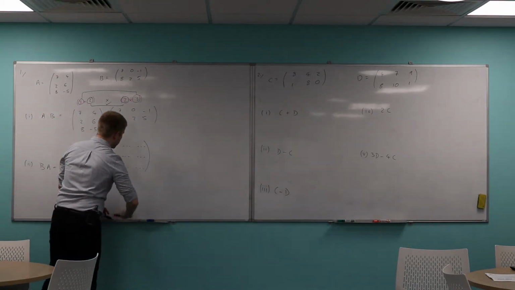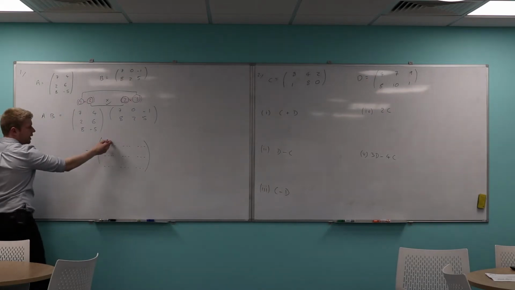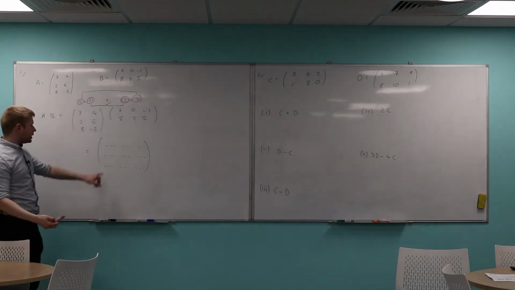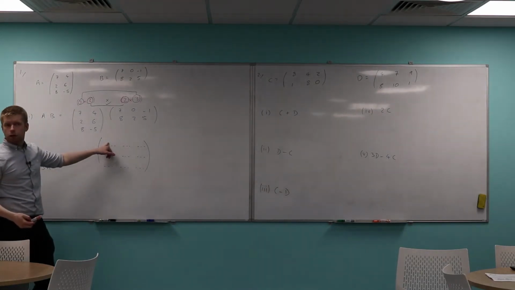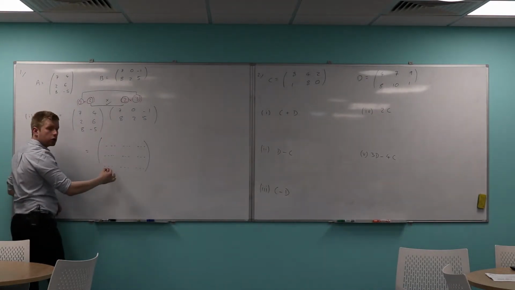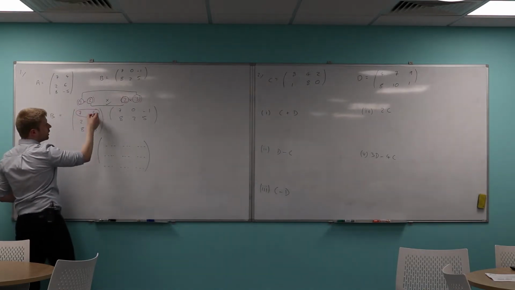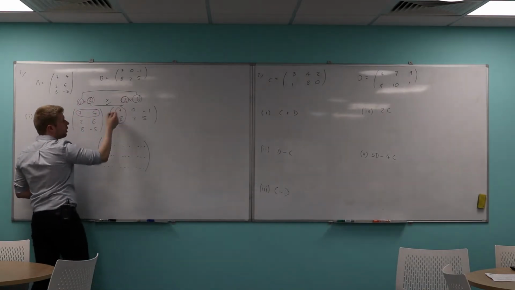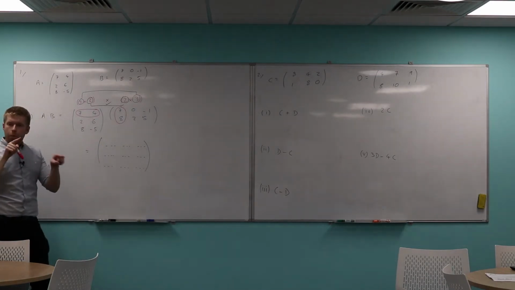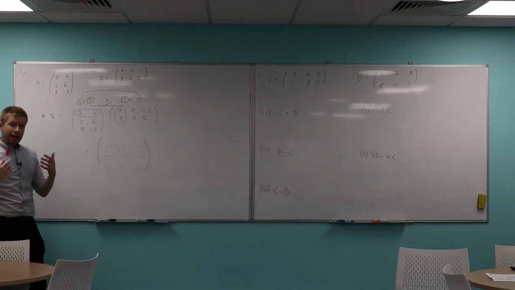So let's just remind ourselves. Let's go for this element here. What position is that element in? Fantastic. It's in the first row and first column. So I'm going to be using the first row from this matrix and the first column from this matrix, and then I multiply corresponding elements together and add them.